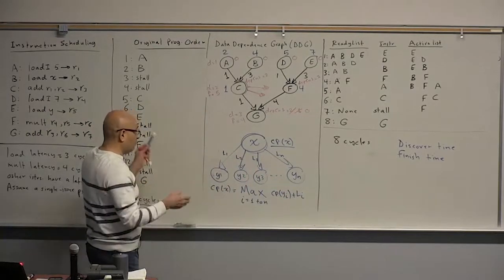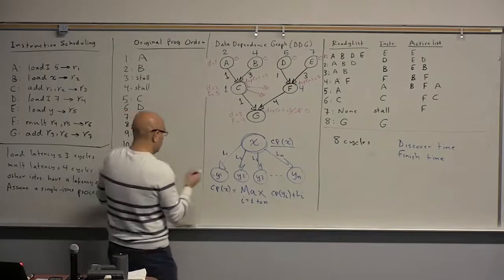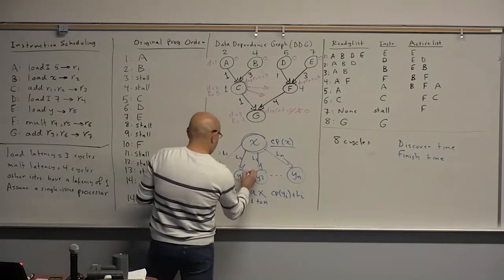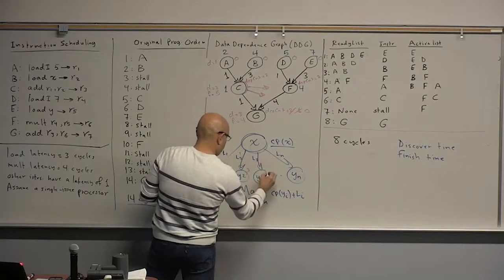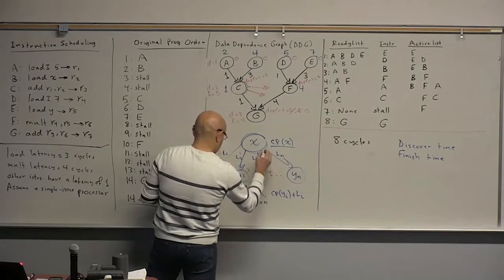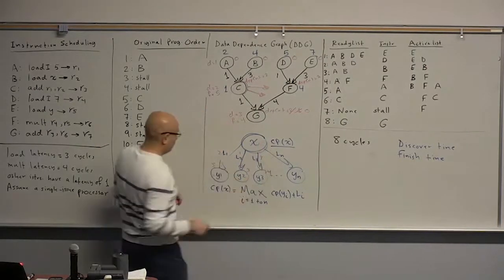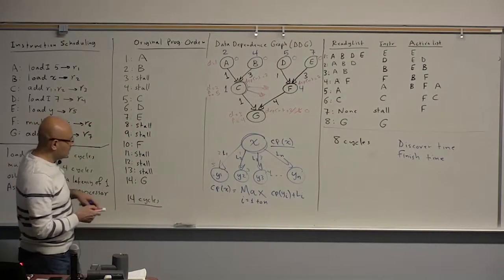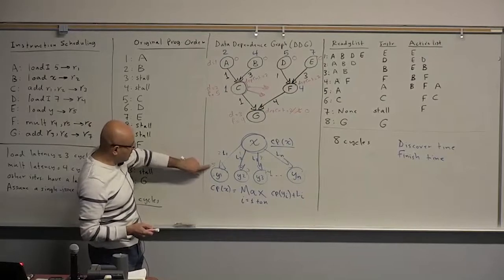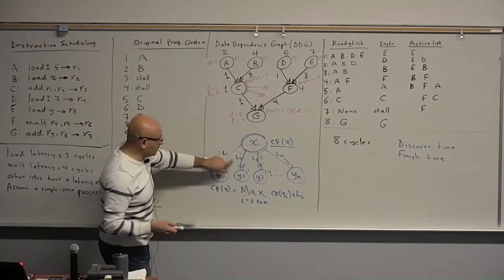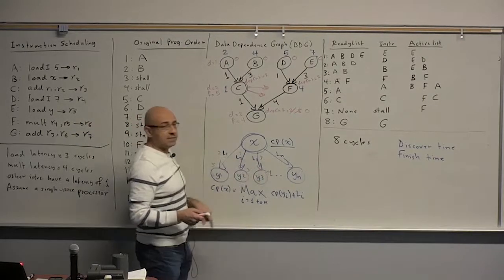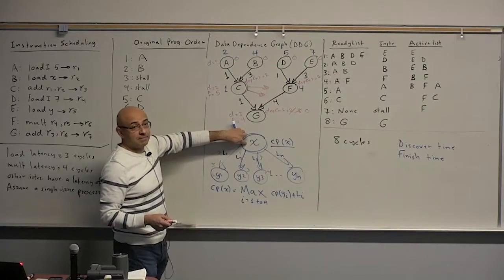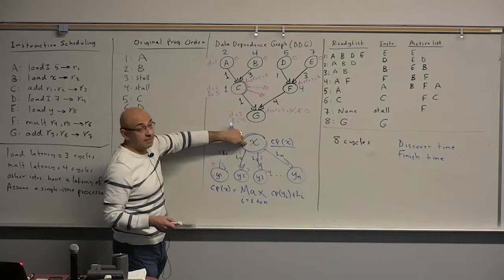If we put some numbers here, 5, 2, 3, 1, 4, 3, then this is 5 plus 2, which is 7. 3 plus 1 is 4, and 4 plus 3 is 7. So the critical path for X is going to be, in this case, 7.